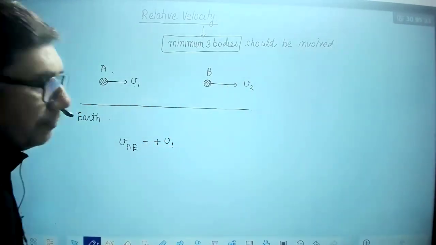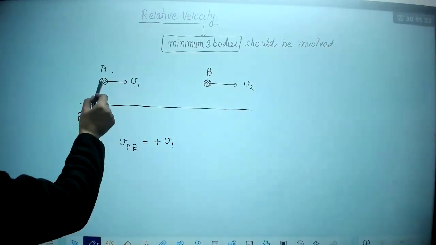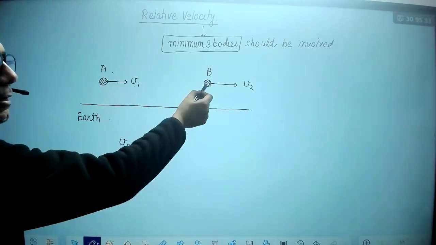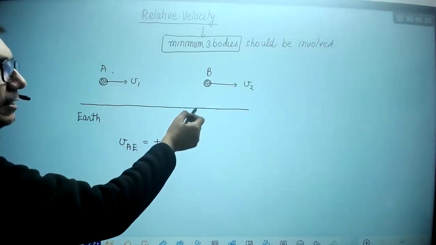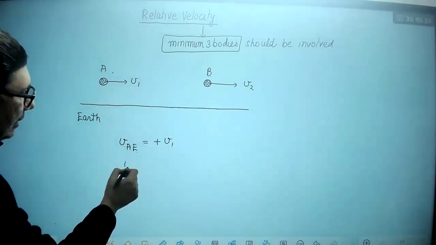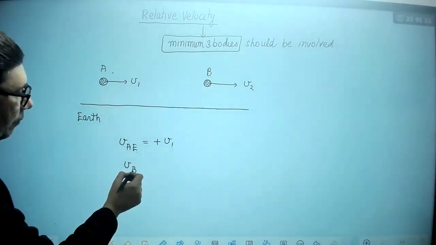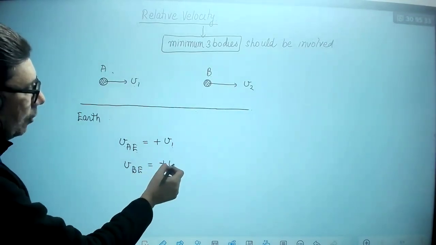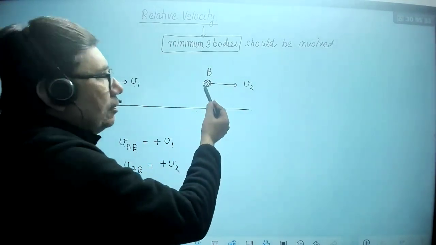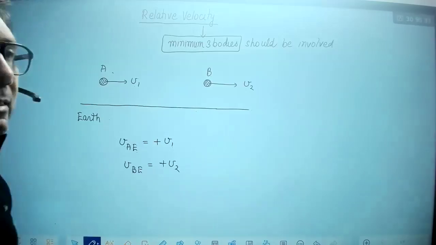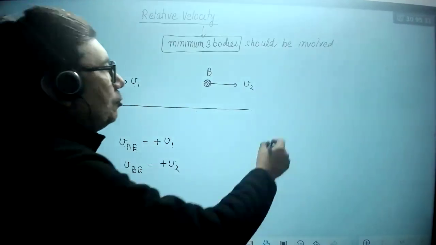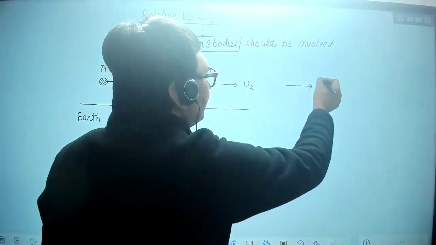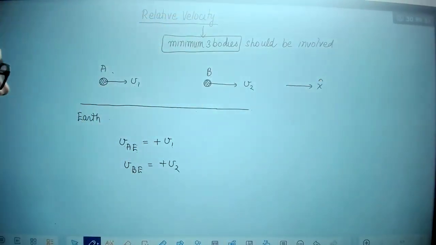Second is the velocity of B with respect to Earth. That is plus V2. Why plus? Because this is also moving in the plus x cap direction, so I'm assuming this direction is plus x cap.